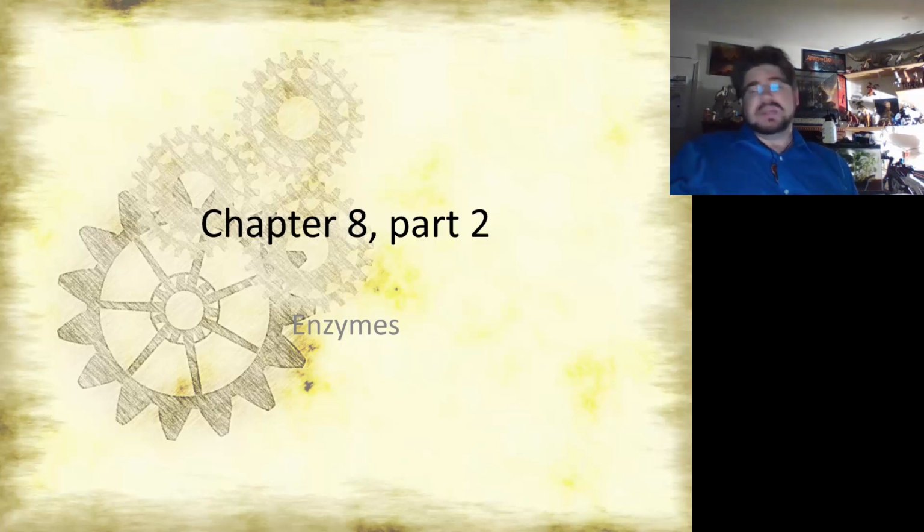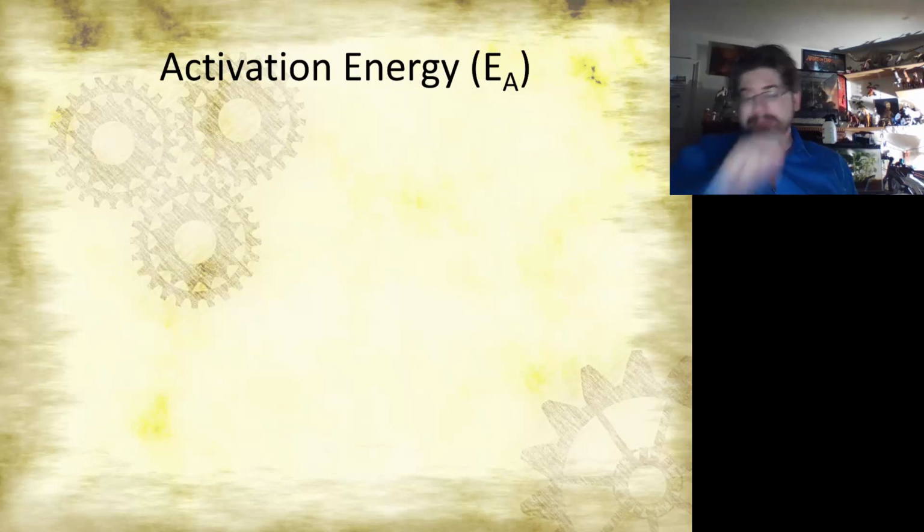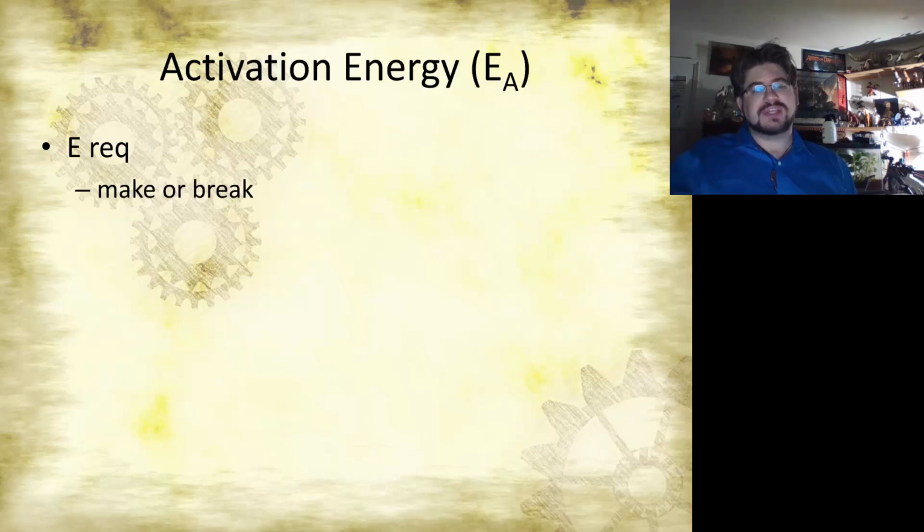Part 2 is where we talk about all those beautiful enzymes I've been mentioning. So an abbreviation I'll use a little bit around here is activation energy, E sub A. This is literally the energy required to start or activate a chemical reaction. The energy required to activate or start a chemical reaction.